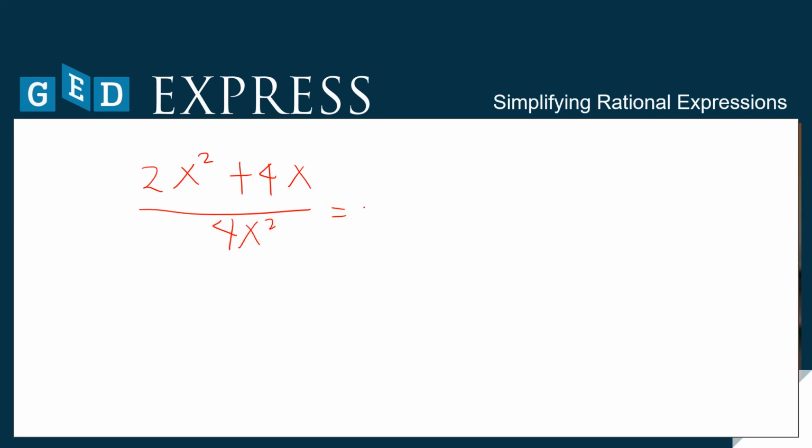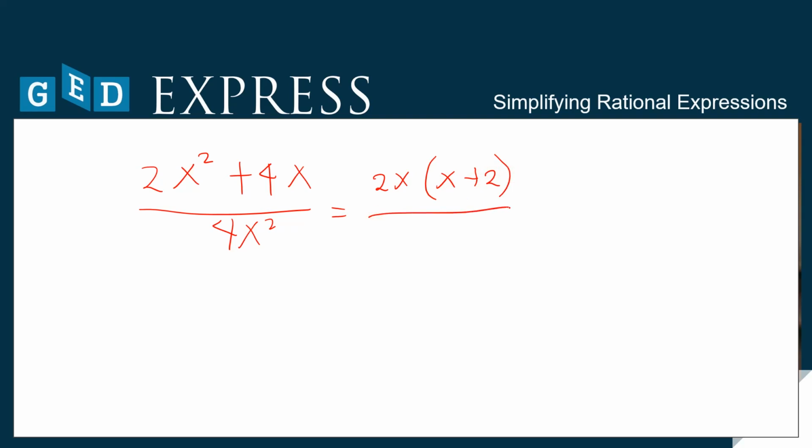For this type of expression, the numerator and the denominator can both be factored using the GCF. So what is the GCF of the numerator? 2x. Dividing the expression in the numerator by its GCF, we have x plus 2.